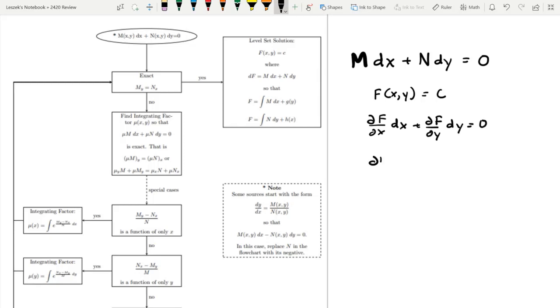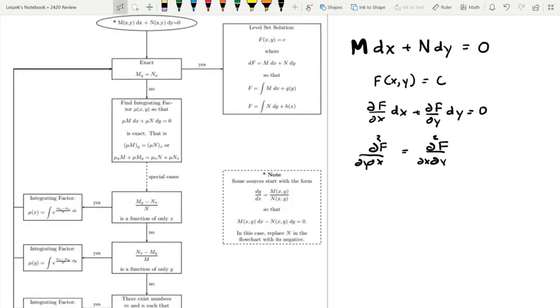Okay, and if you differentiate this with respect to y next, and you differentiate this with respect to x, if your f function is smooth enough, then these should be equal because mixed partials would be equal if your function is smooth.